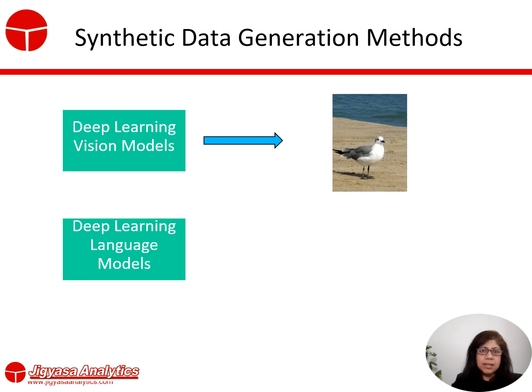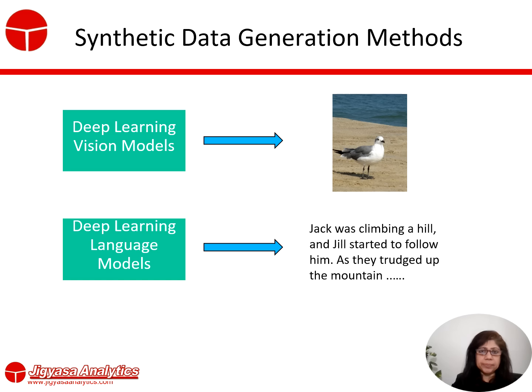More recently, we have seen examples such as ChatGPT, where deep learning language models are being used to generate new textual content. The success of both the vision and language models have encouraged others in more recent years to use these very same models to generate synthetic tabular data. We decided also to experiment with some of these methods.